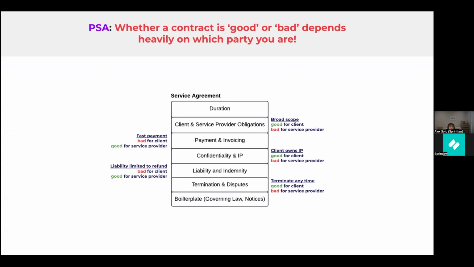If you are a service provider and you have a service agreement, that agreement could be terrible for you and amazing for your clients, or it could be amazing for you and terrible for your clients. Usually, if you're the service provider, you want the latter case, the one that's amazing for you and terrible for your clients. And if you're the client, you want the opposite.